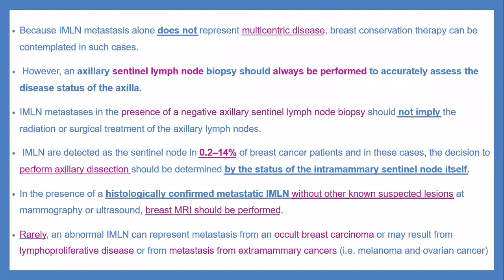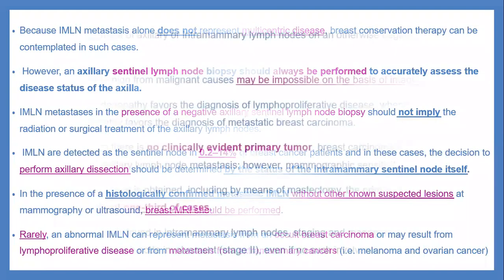Then we will go for breast MRI, searching for the primary breast cancer. Rarely, an abnormal intramammary lymph node can represent metastasis from occult breast carcinoma. This occurs rarely, or may result from lymphoproliferative disease or metastasis from extramammary cancer, as we described before, like melanoma, ovarian cancer, lung, thyroid, or even GI.